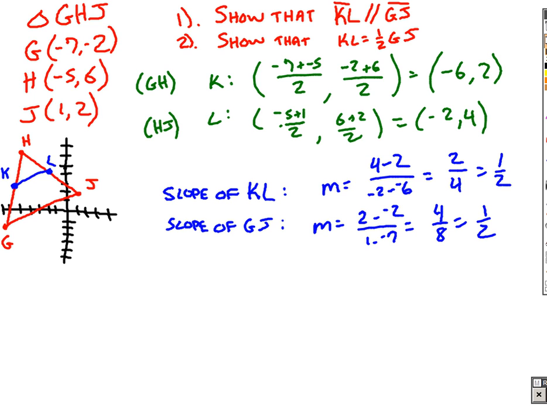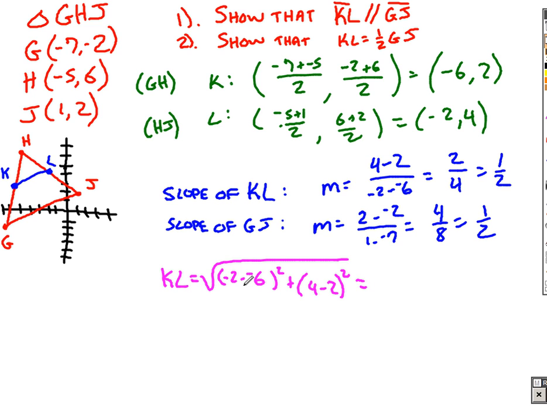Now, the last step is to see the length of each. So we'll start with KL, finding the distance of KL. This is using the distance formula, where I subtract my x values and square them, subtract the y values and square them, and add them up. So subtracting the x values, -2 minus -6 and square it, and then for the y, 4 minus 2 and square it.